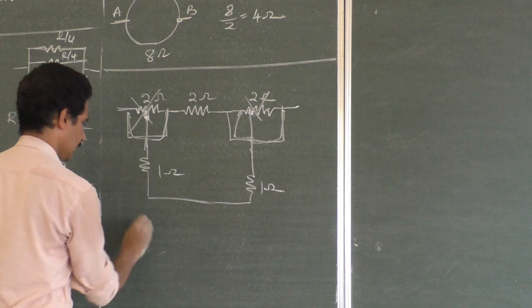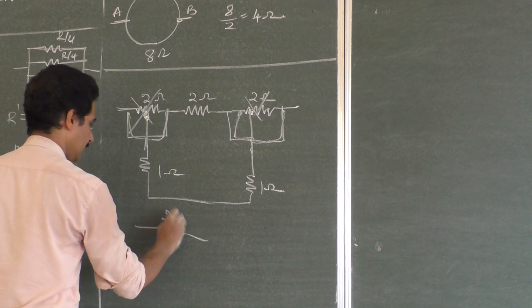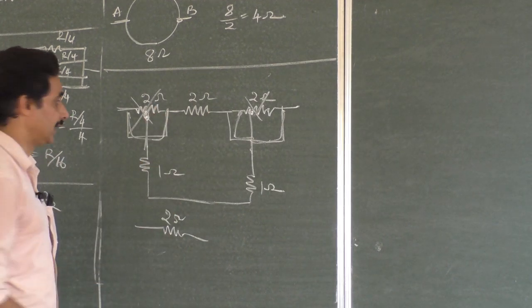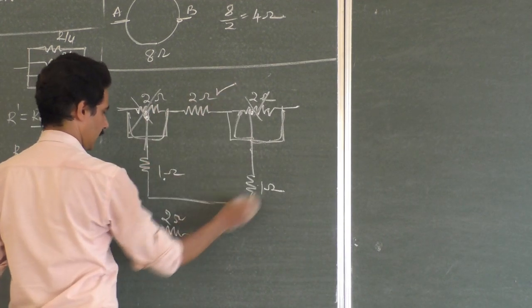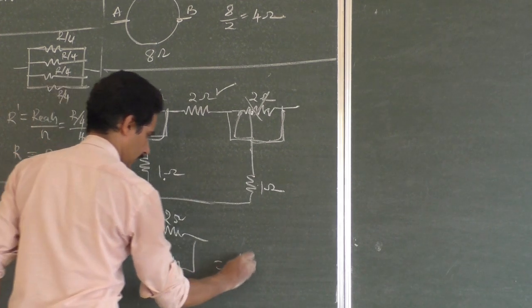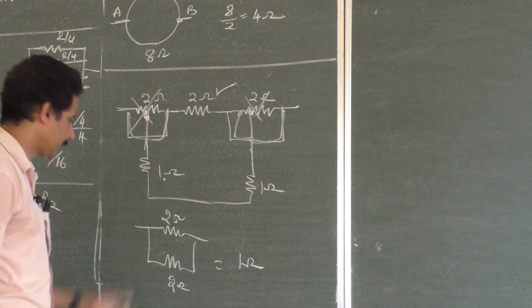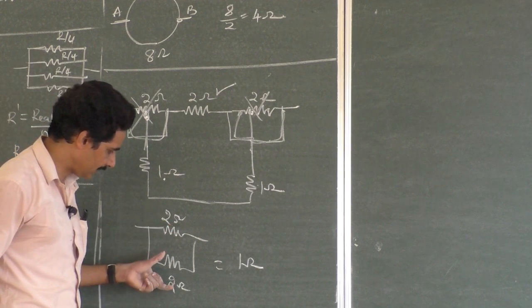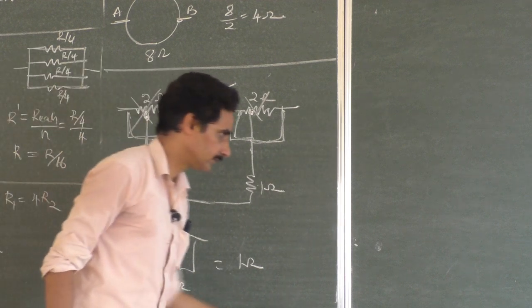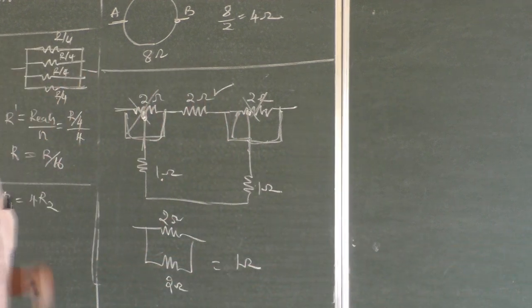So what is finally remaining? This 2 ohm. Nothing will happen to this 2 ohm because the two ends of this 2 ohm are not connected by a single wire. It is safe. What about this? 1 plus 1, 2. That is in series. 2 parallel 2, that is 1 ohm. Using the R by N formula, R is 2, N is 2 times, so 2 by 2, 1 ohm. So the option is the fourth one. Fourth option it is.